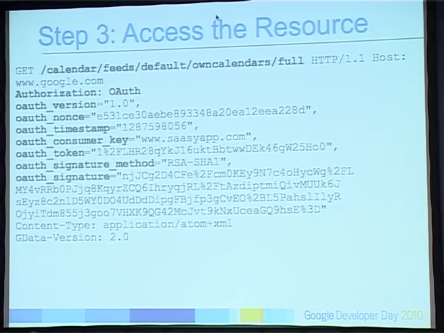Before we go into three-legged OAuth, I just want to show you an example of an OAuth authorization header. Generally pretty simple. The main part is the signature itself. There's also some other identifying information in there for identifying the version of the protocol, which application or which client that's identified by the consumer key. And then two other things I just want to call out are the nonce and the timestamp.